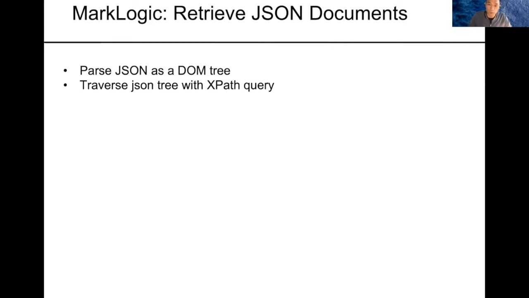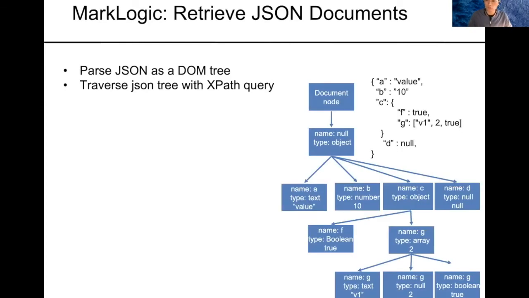Similar to the XML document, JSON will first be parsed into a DOM tree, and thereafter we can navigate the tree representation of the JSON file with XPath query. Here is an example. It's a very simple JSON document, but with some records.